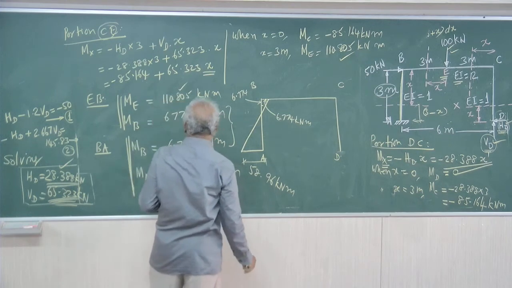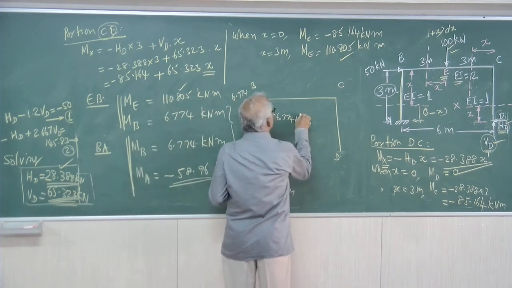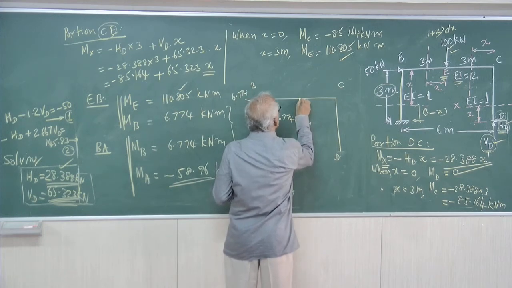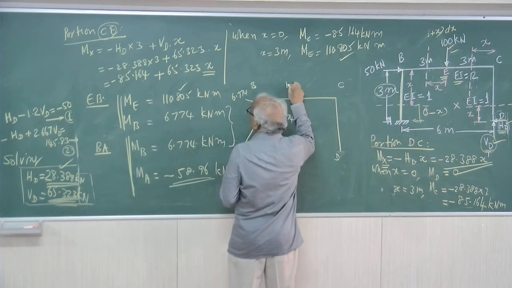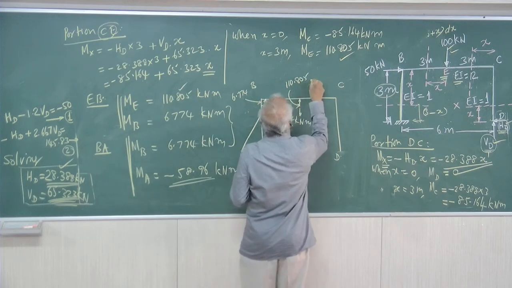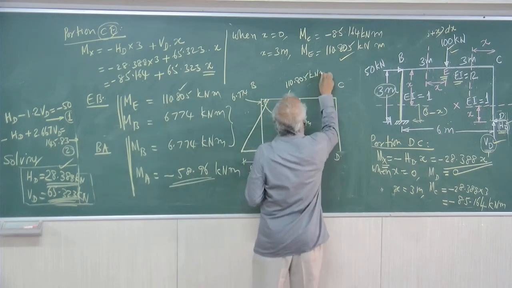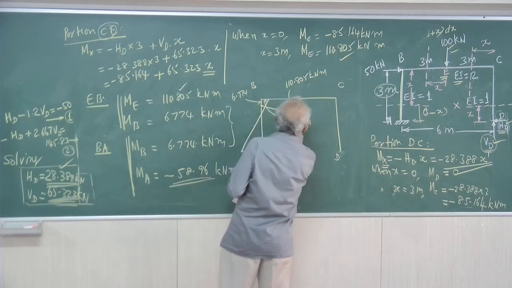So that is also 108.805 here. This is at the point E. So this value is 110.805 kilonewton meter. So this diagram will be like this, right.